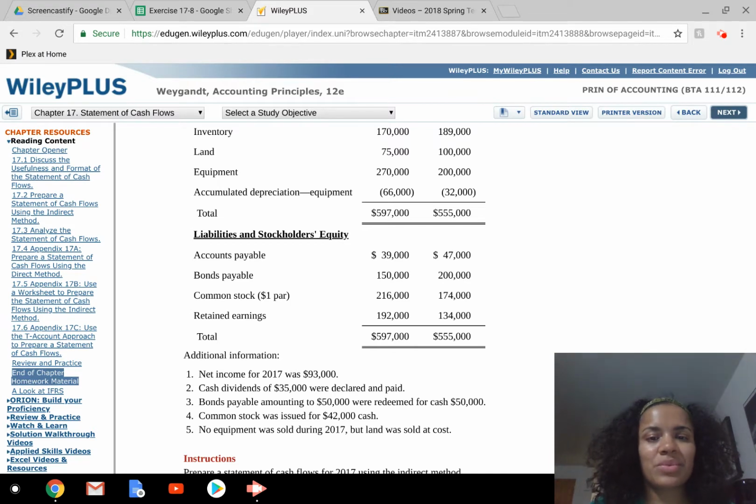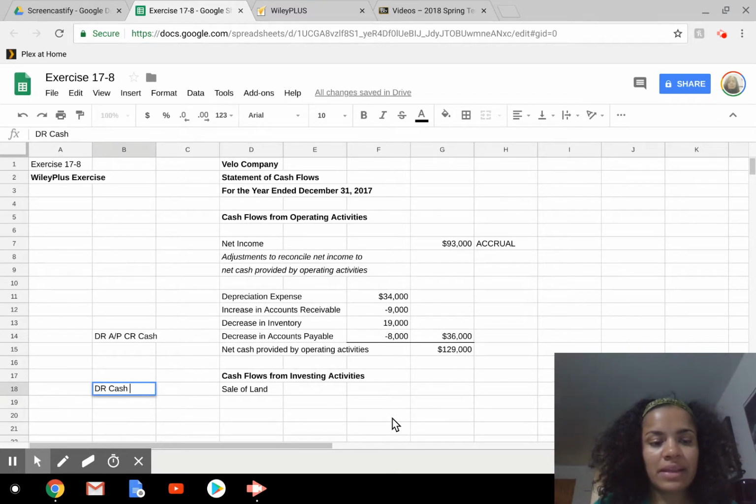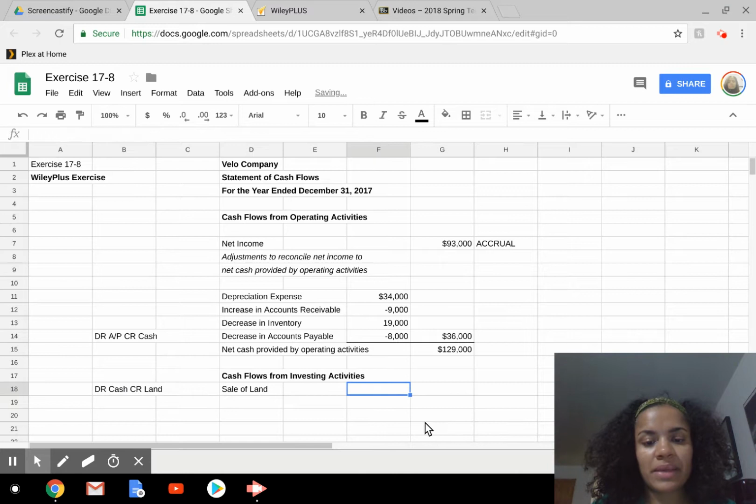Remember, we are concerned with the cash that flowed, the cash that came in, the cash that went out. So let's talk about the sale of land first. If you think about this in terms of a journal entry, you would be saying debit cash for the 25,000 and credit land. The debit to cash means that it is a positive 25,000.